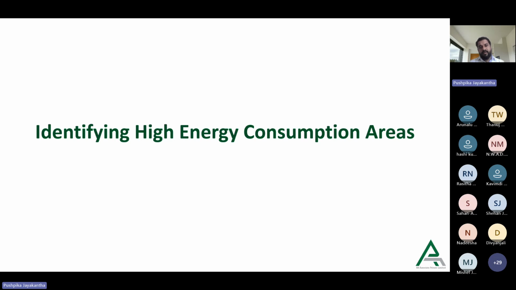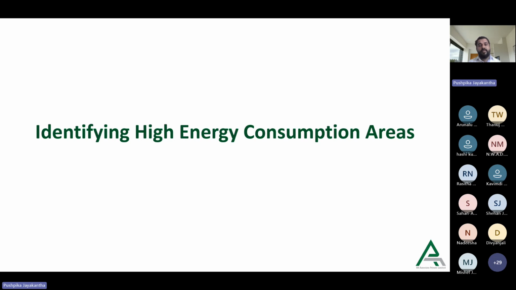So now we'll move to the next session, identifying high energy consumption areas. I think you have some basic understanding about these elements from the previous session. So energy management begins with identifying significant energy users. Commonly we call these SEUs, significant energy users.